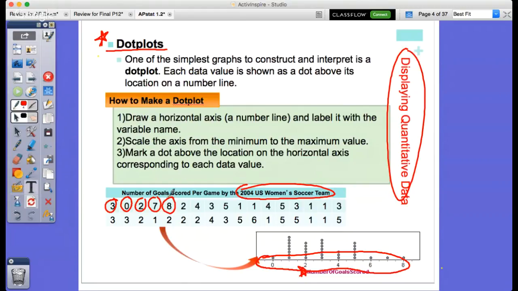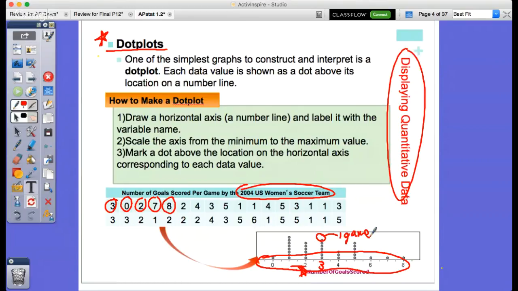What we did is then create a number line, represented below, where each of these dots corresponds to one game. So if you looked at one of those dots, that one dot would be 3 goals scored in that one game.